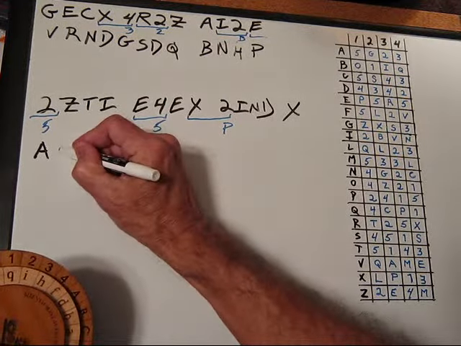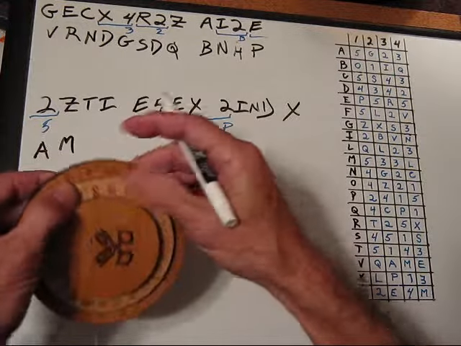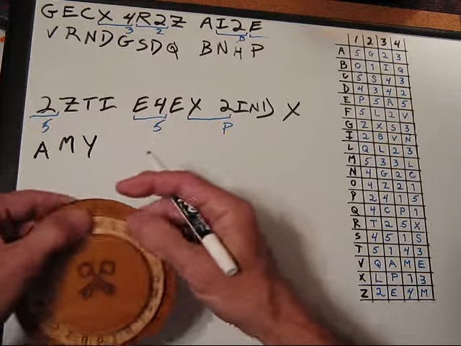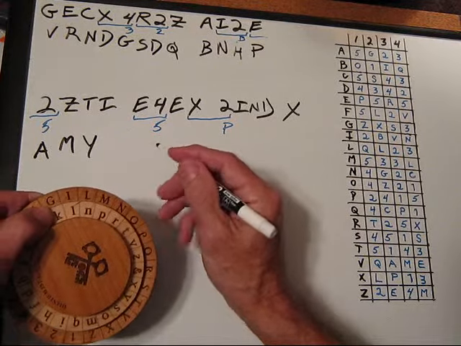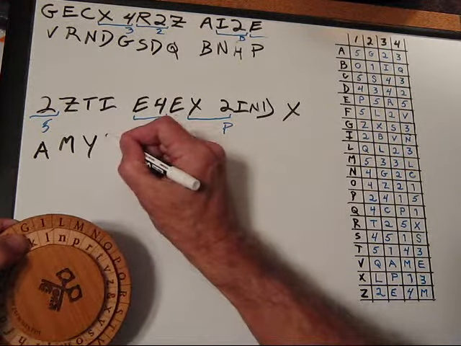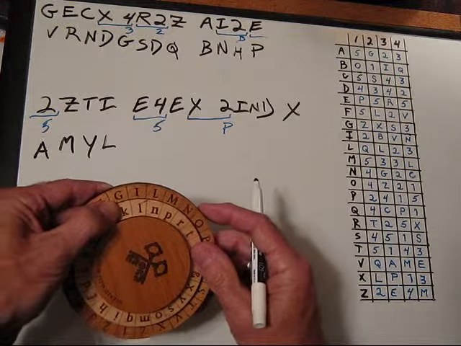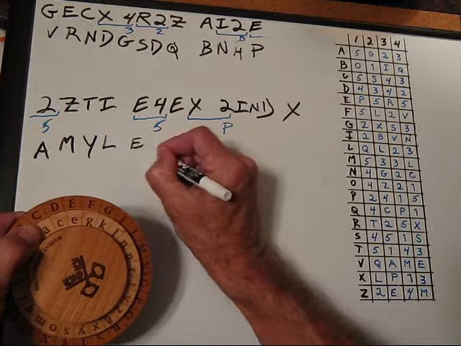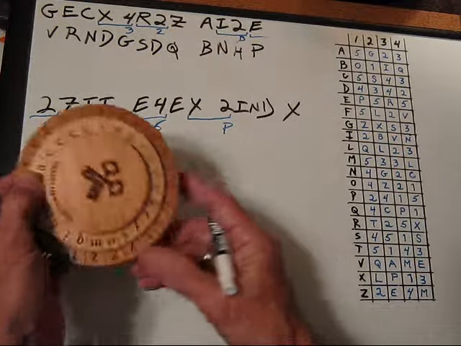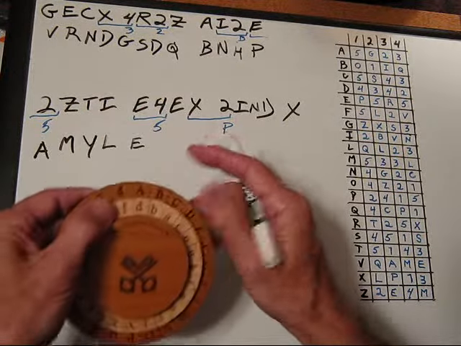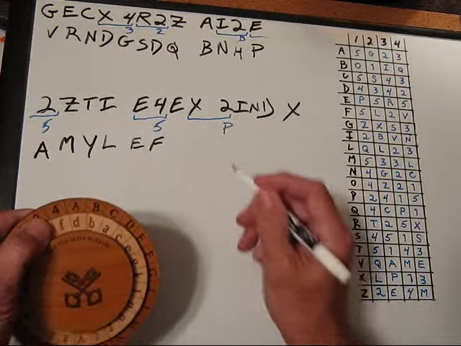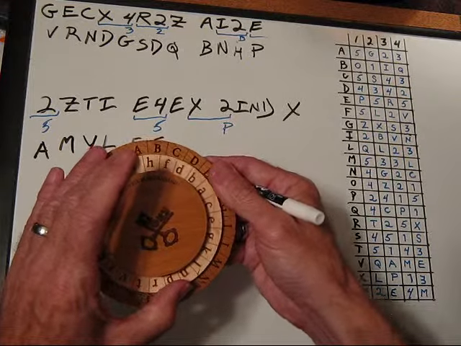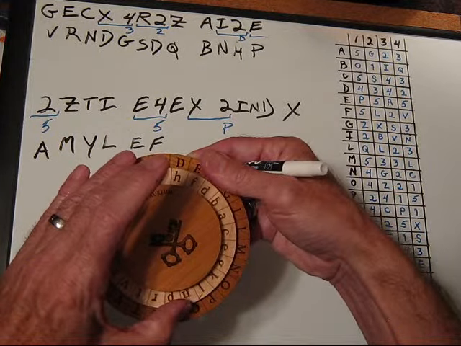This moves along pretty good. T, which is a Y. I, which is an L. An E, which is an E. A 4, which is an F. So as we move 5 again. 1, 2, 3, 4, 5.